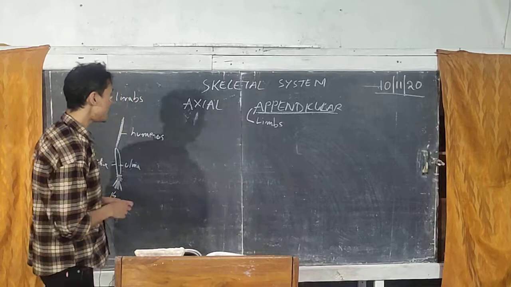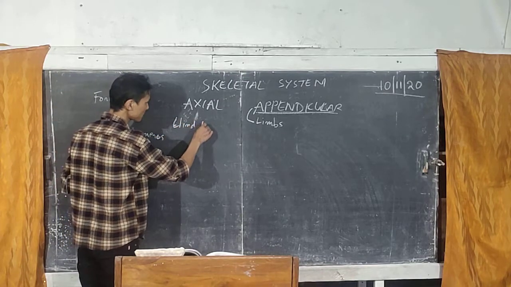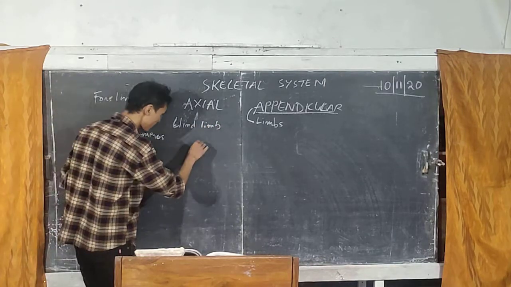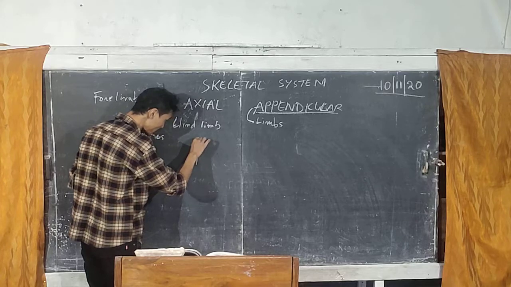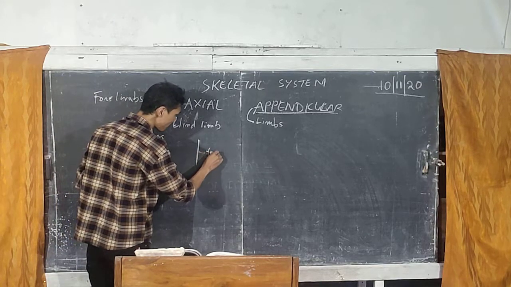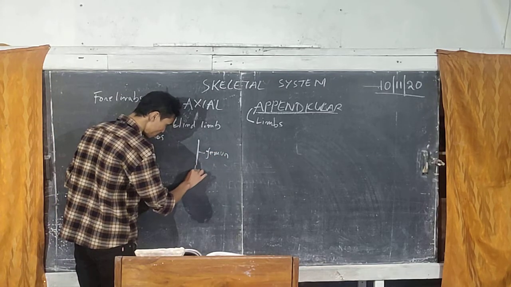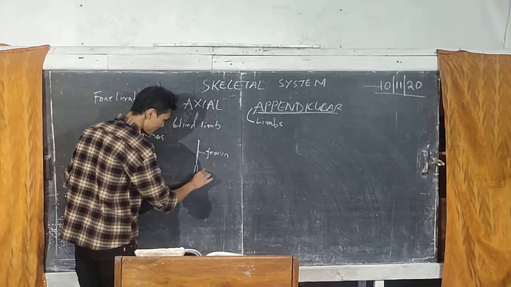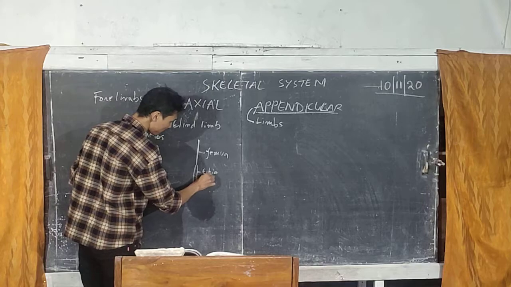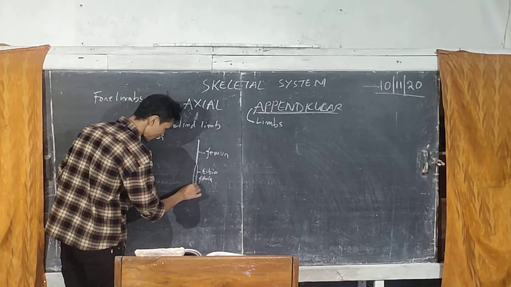The next appendage is the hind limb. Hind limb means the leg. It starts with a long bone, which is the longest bone of the body. That is the thigh bone called the femur. The femur continues into two bones, tibia and fibula. Tibia is inner to the body, fibula is outside.